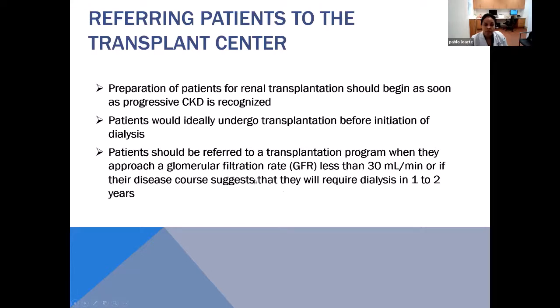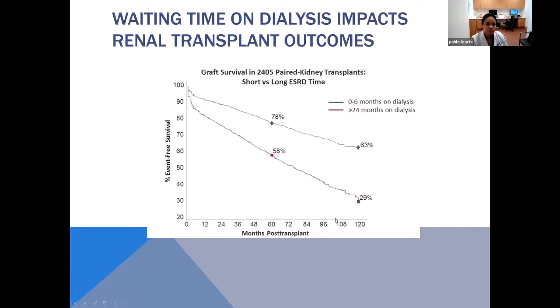So that's why we said that if you recognize that the disease course is progressing fast and they're going to be on dialysis in 1 to 2 years, you should refer when the GFR is less than 30. That way, they're already part of our list of patients. Even though they're not on the list, we're keeping track so that they can start gaining time as soon as their GFR drops below 21.